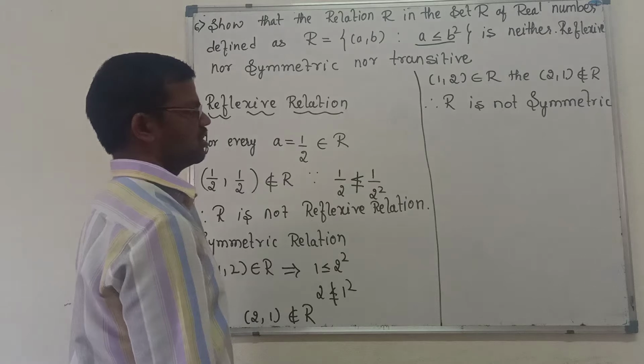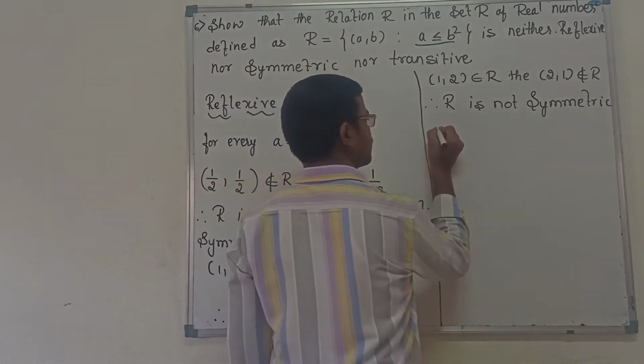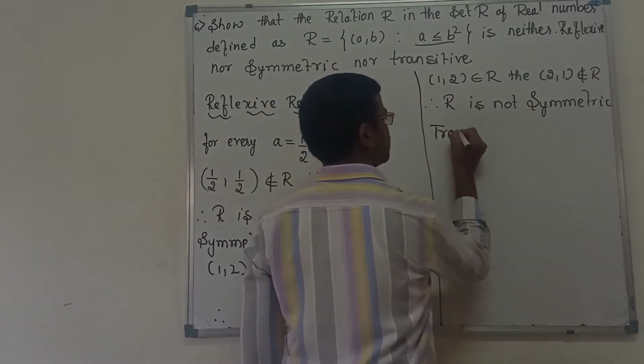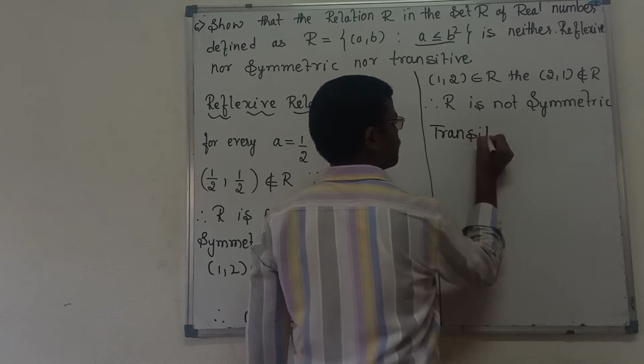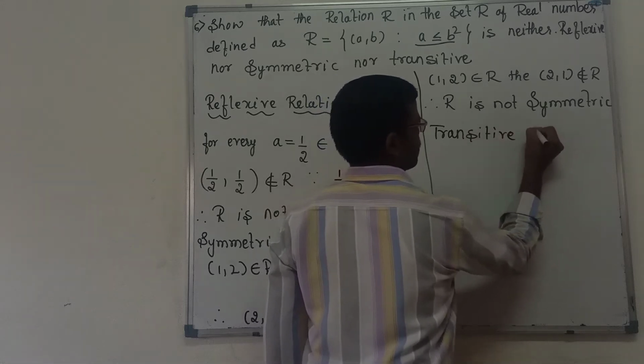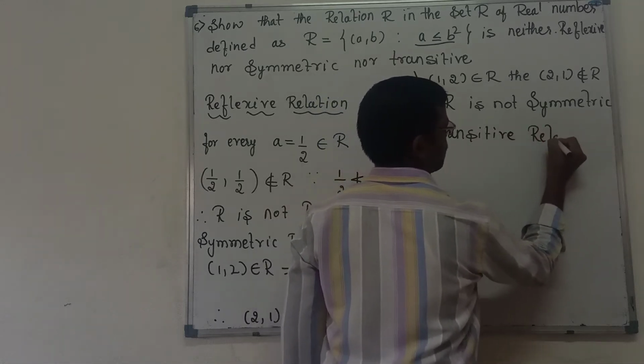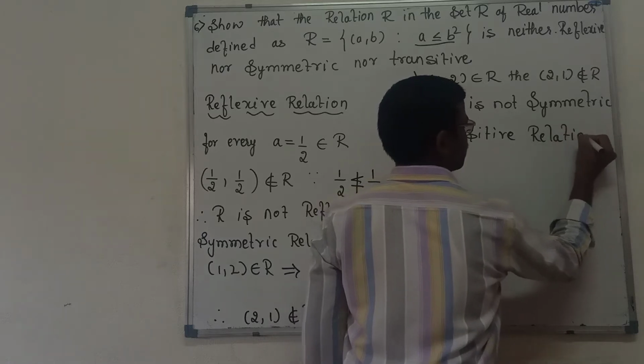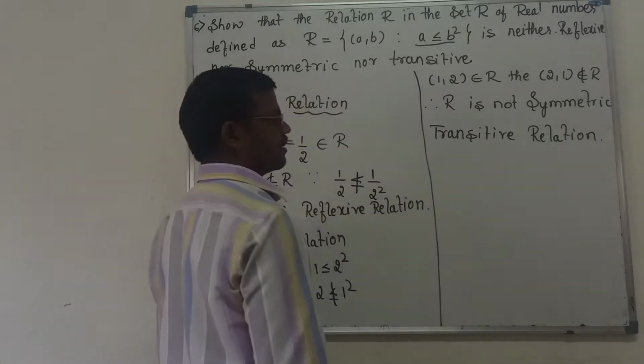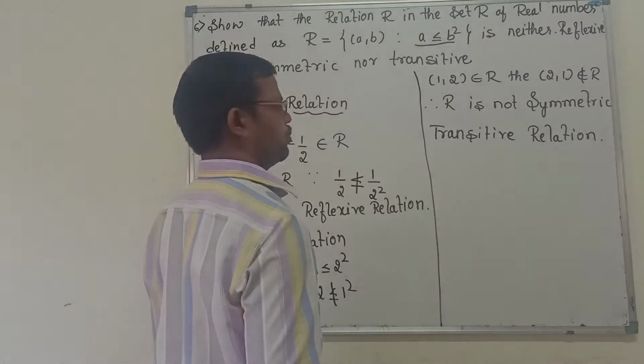So next, the transitive relation. For this we have to consider two connected pairs.